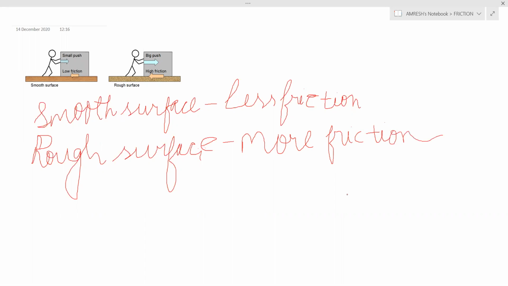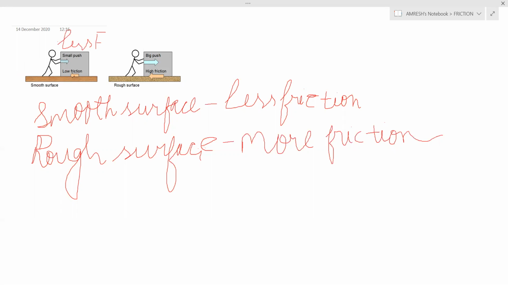What about this point, that smooth surface has less friction and rough surface has more friction? You can see in this diagram there are two persons. One person is pushing the block on a smooth surface and another is pushing the block on a rough surface. On the smooth surface friction is less, so he has to apply less force, less F. Why less F?